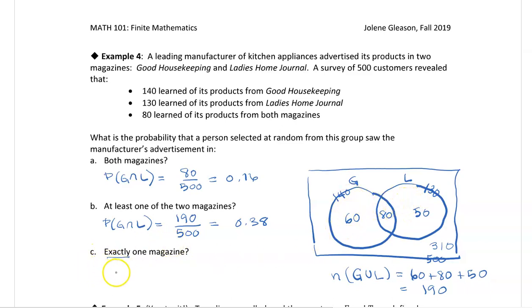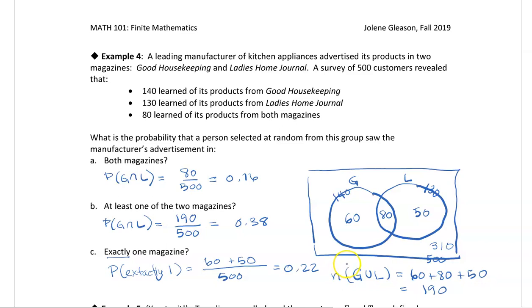It's kind of ugly to write, so I'm just going to write it this way. Exactly 1 is just going to be 60 plus 50, right? Because those are the people who learned from one of the two magazines only and not both. And again, out of 500. And so we get 0.22 when you calculate that.